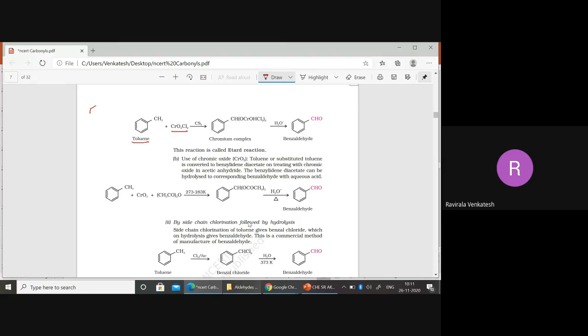For average students, writing like this is the best method. The first step is CrO2Cl2. The second step, in most cases, is H3O plus, the hydrolysis reaction. Second step is most of the time a hydrolysis reaction. Now what do you have to put here?